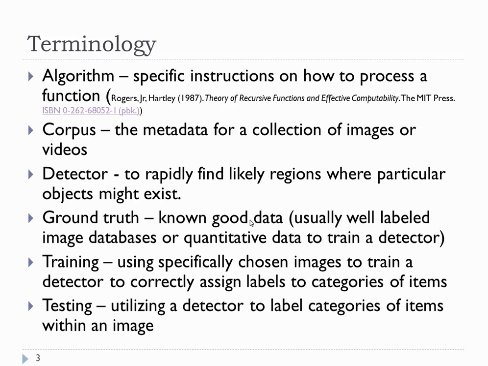Testing is where you actually give it an image and say, based on how you've put the training category through its paces, can the detector in fact look at an image and tell you if it does or does not have that specific image or feature in it.